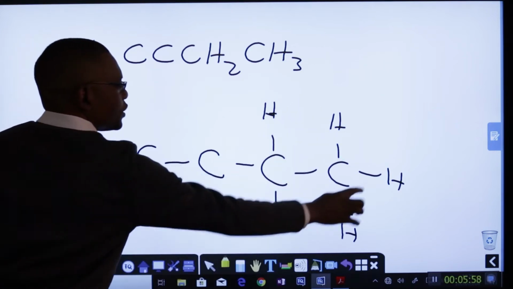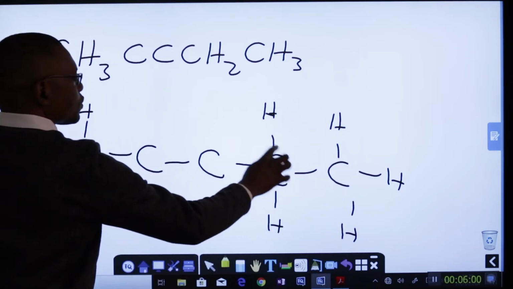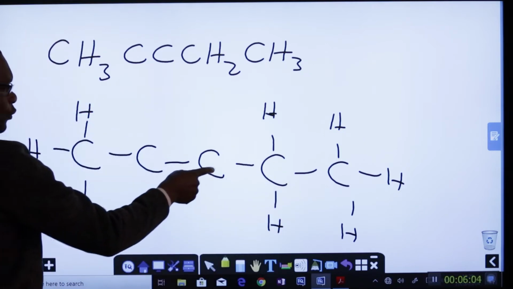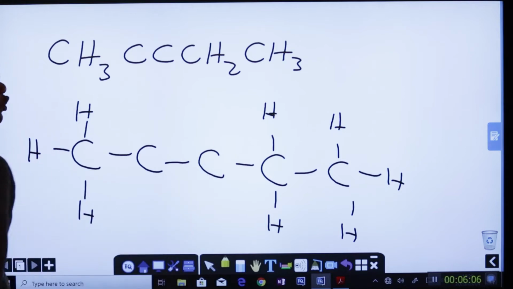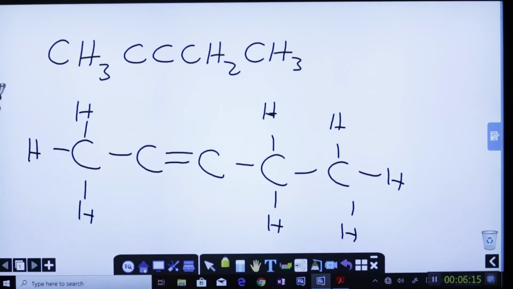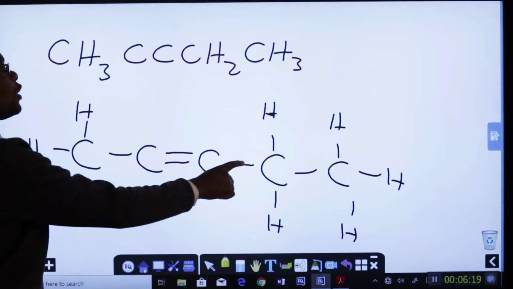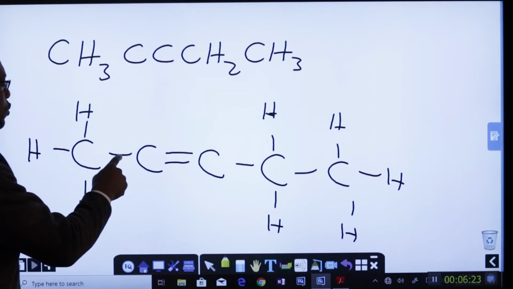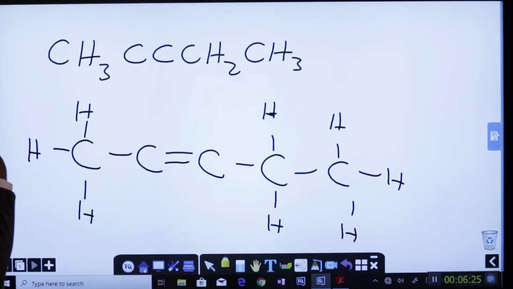So this one is happy, it has 8 electrons. This one is happy, it has 8 electrons, but this one is not. It only has 4 electrons. How does it get the other 4 electrons so that it will have an octet? If we bring another bond to make it a double bond, this carbon will have 2, 4, 6, still missing 2 electrons, and the other one is also 2, 4, 6, still missing 2.